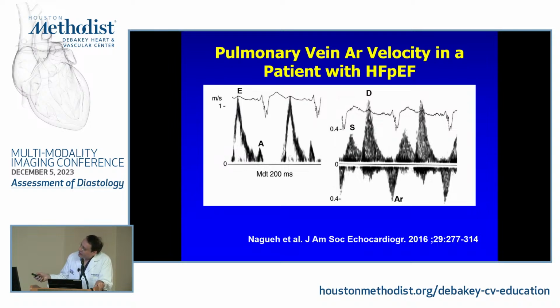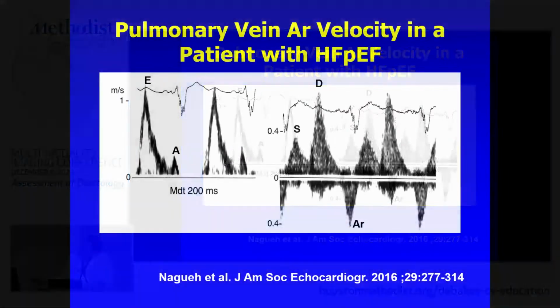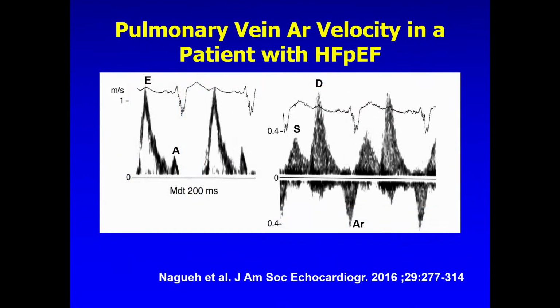This is taken from a patient with heart failure with preserved ejection fraction. The one we are interested in is that atrial velocity that happens in late diastole. When the left atrium contracts, its pressure increases, and so it will force blood either through the mitral valve into the ventricle as well as back into the pulmonary vein, because now left atrial pressure exceeds pulmonary venous pressure.